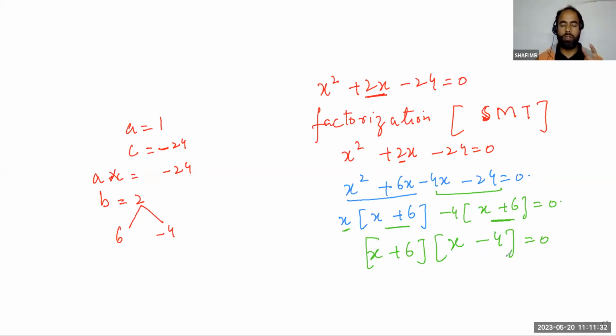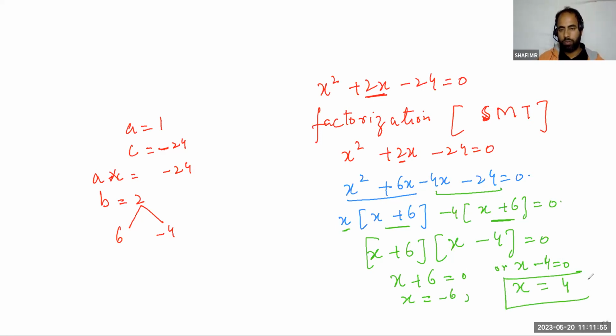If the product of two terms is 0, that means either of them is 0, got it, or both are 0. So either x plus 6 is 0 or x minus 4 is 0. Understood? So from here, I will get x equals to minus 6. From this, we will get x equals to positive 4.